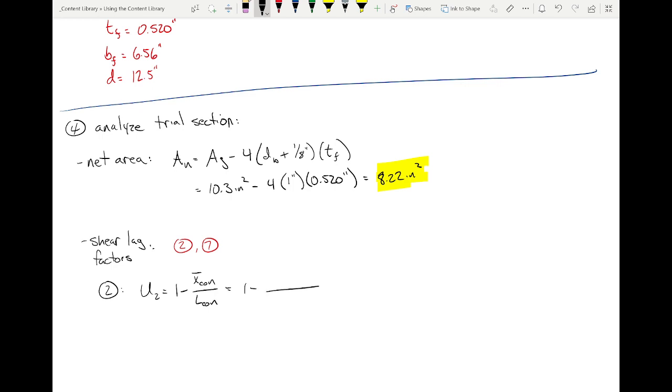What is x-bar for this connection going to be? 1.3. It is the y-bar for the equivalent WT.